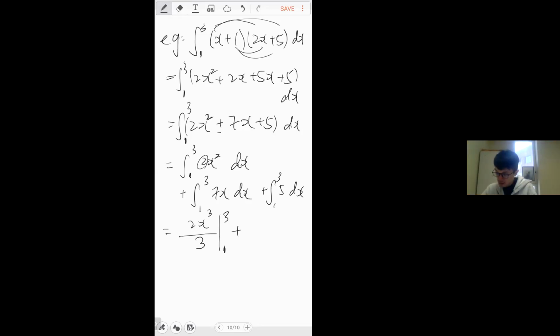So the second term would be 7x squared divided by 2, plugging in 1 and 3, plus the antiderivative of 5. What is the antiderivative of 5? 5x. I'm glad that no one says it's 0, so that's a good thing. The antiderivative of 5 is 5 times x, and then you need to put in 1 and 3.